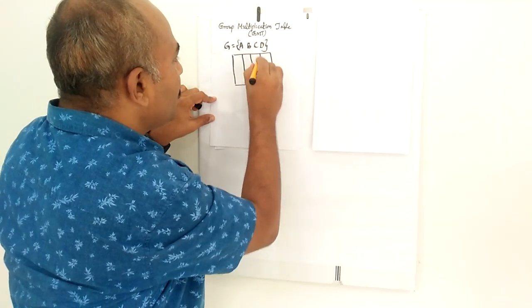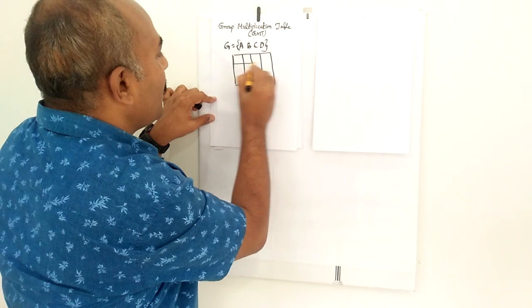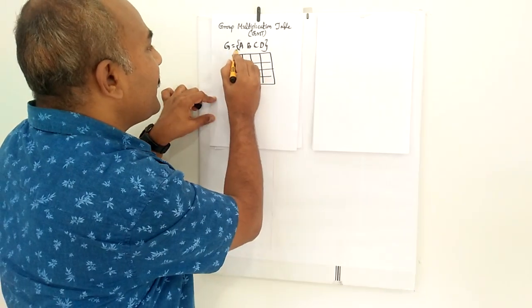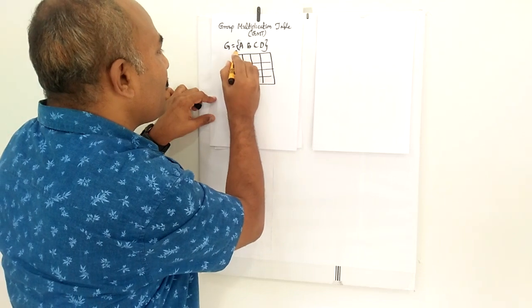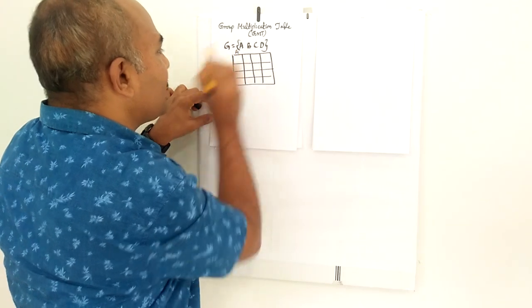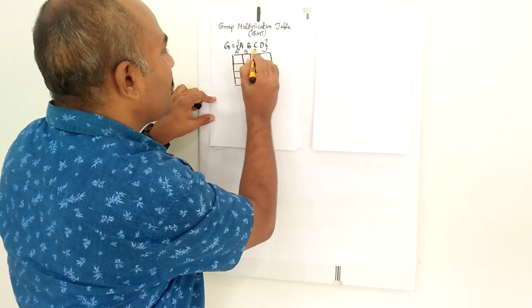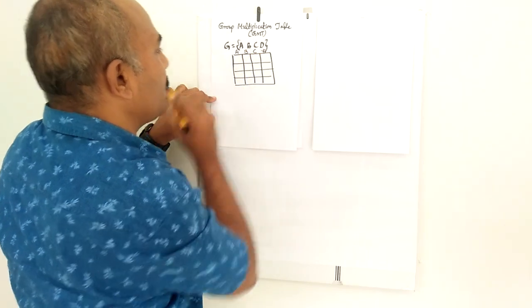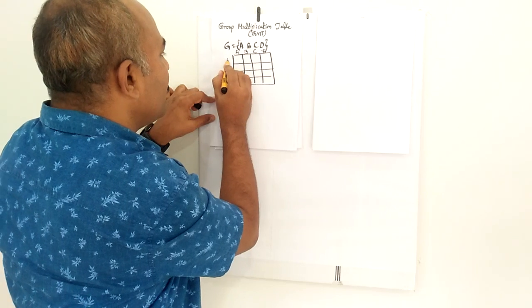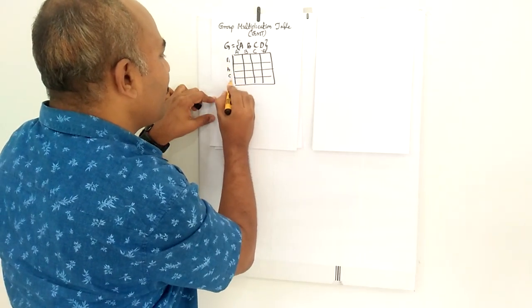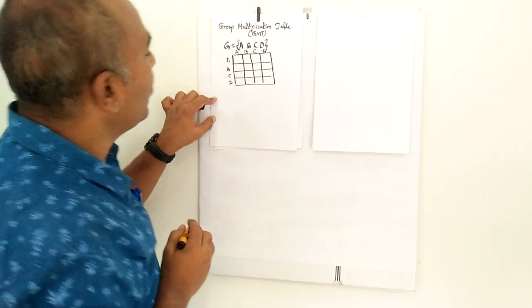Each column is headed by an element of that group. The first column is headed by the first element of the group, the second column by the second element, and similarly the third and the fourth. And each row is headed likewise: this row is headed by A, then B, C, and D.